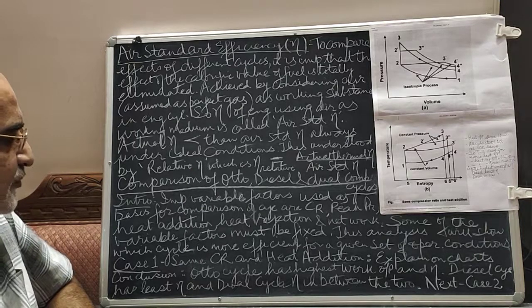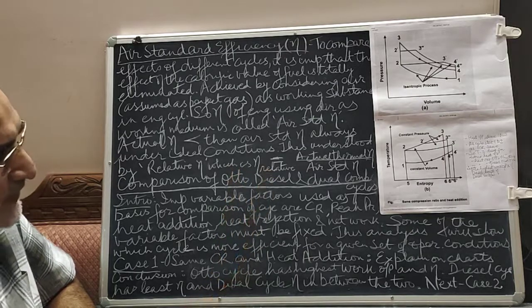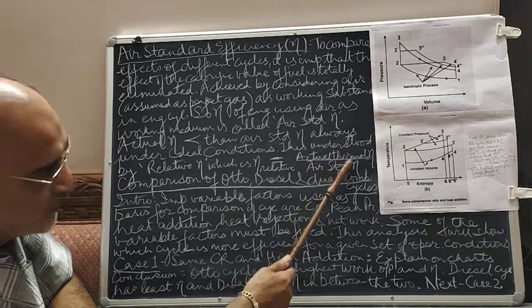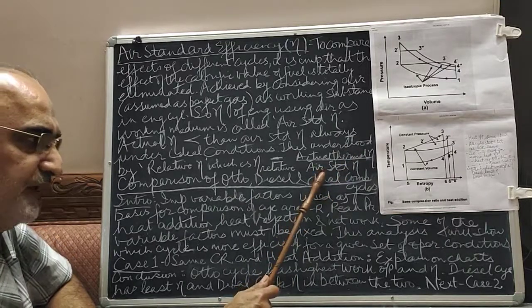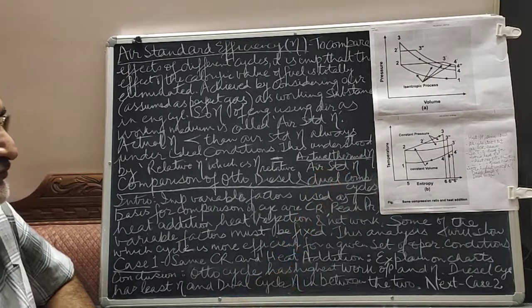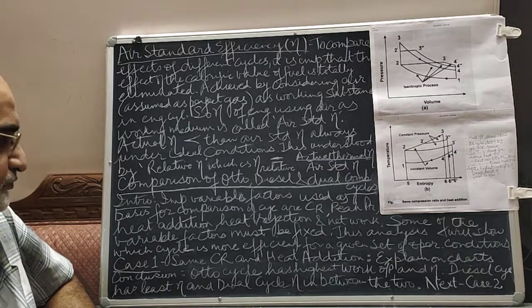You must have studied relative a lot in the earlier semesters. As far as efficiency is concerned, relative efficiency is nothing but the actual thermal efficiency of that particular cycle compared to the air standard efficiency. It will always be less than 1.